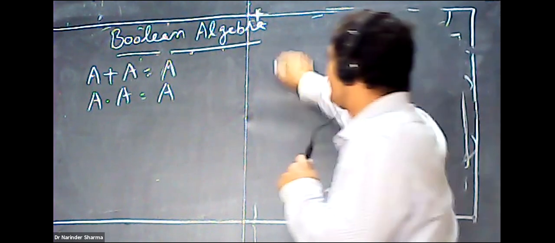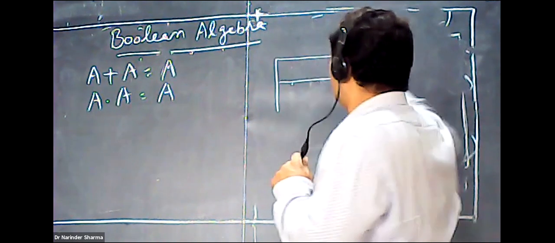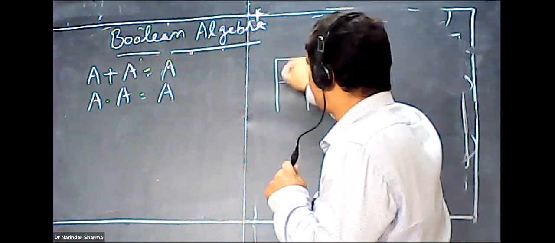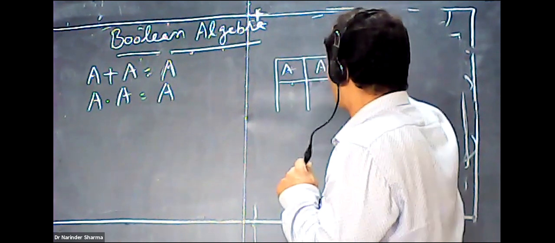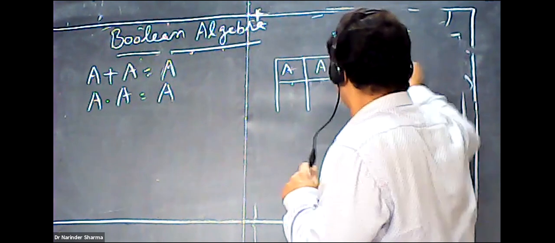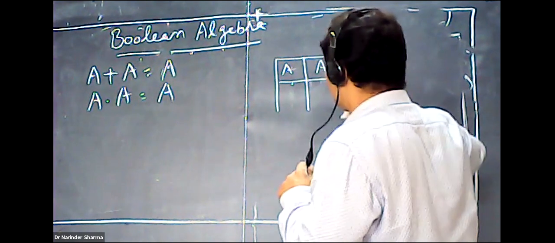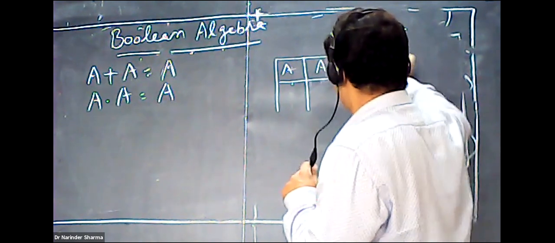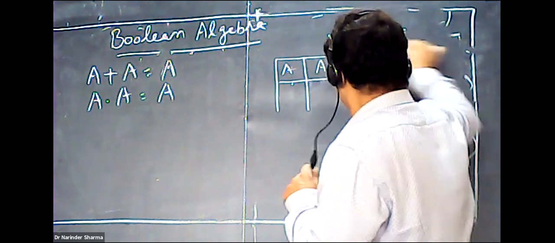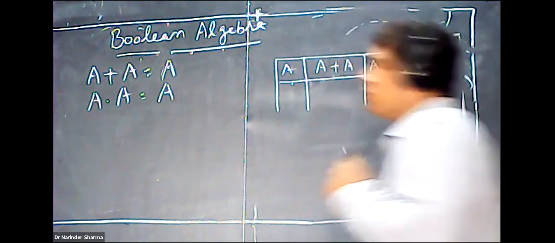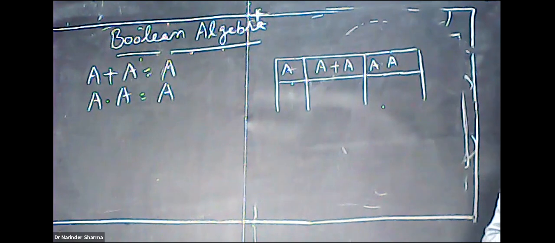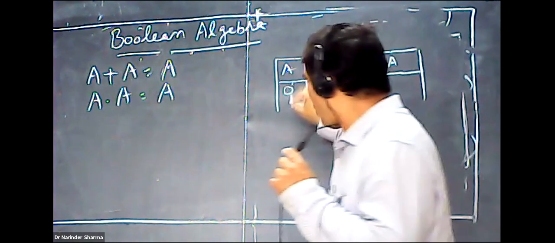See, there is A. This is A plus A. This is A into A. So A we can write how many ways? 2. That is 0 or 1.